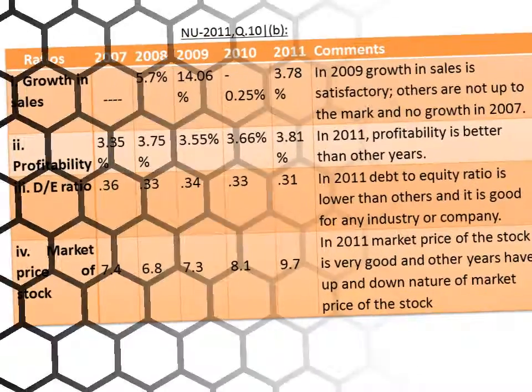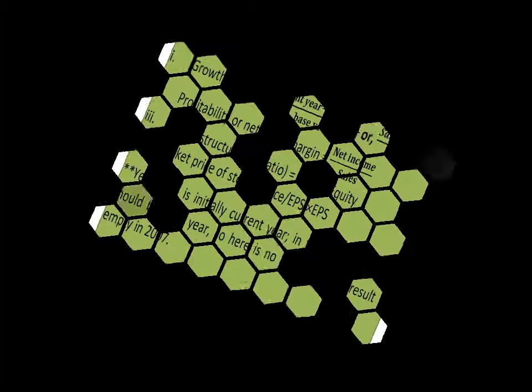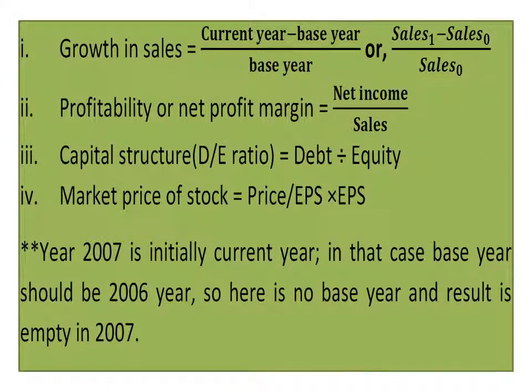So the next, before we analyze the following formulas, now we have seen this computation. Now the formulas by which we get the following ratio results: growth in sales, current year minus base year divided by base year.